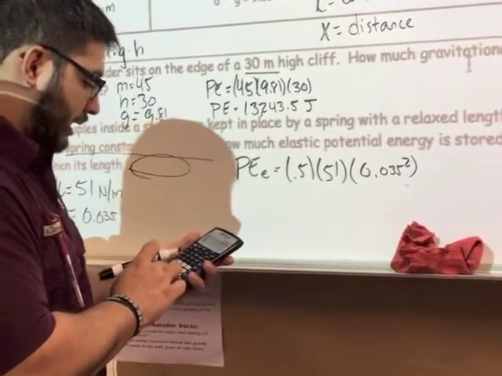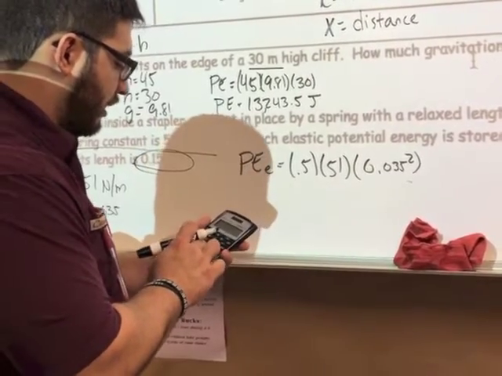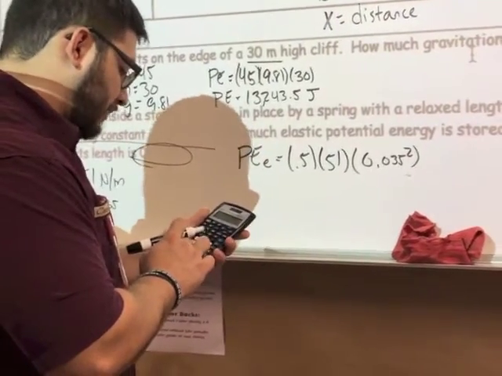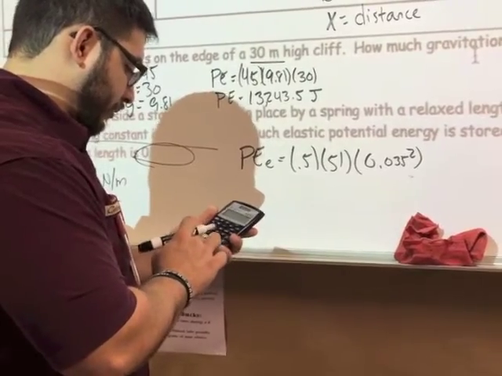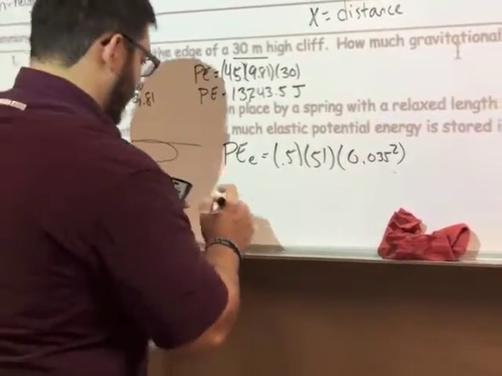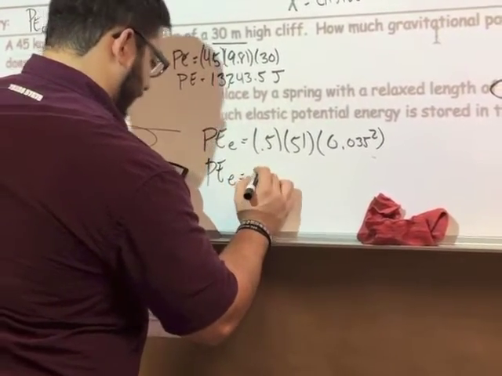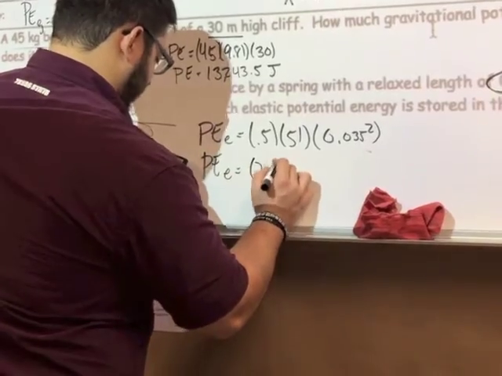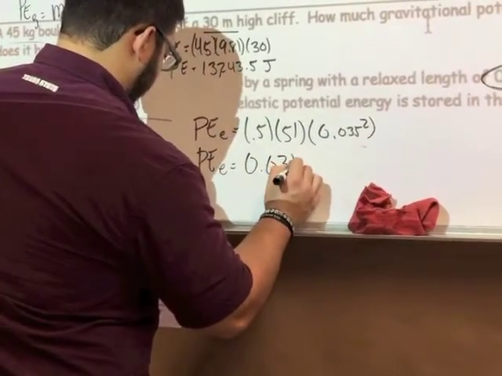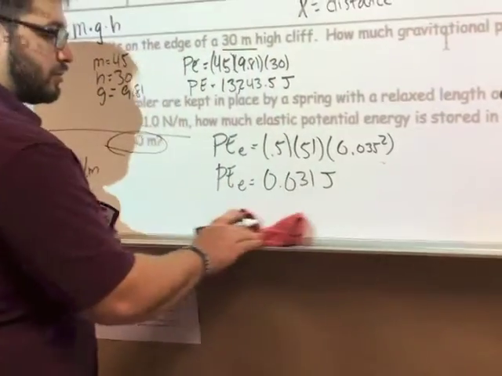Open parentheses, we'll do 0.5, close parentheses, multiplied by 51, and then once again multiplied by 0.035 squared. And when we do that, our potential energy for elastics is going to be 0.031, and that's going to be joules, because again, energy is joules.